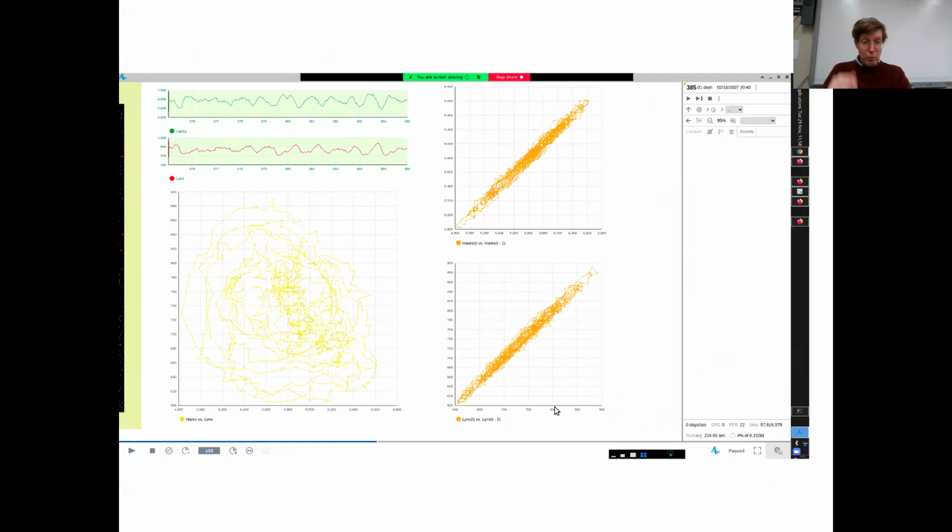Now, we could plot this out further. This is hares versus lynxes. This is also another aspect of regularity: lynxes on the x-axis versus lynxes 1 time unit ago. And as you might expect, if I count the number of lynxes now and the number yesterday, there's going to be quite some correlation there, isn't there?